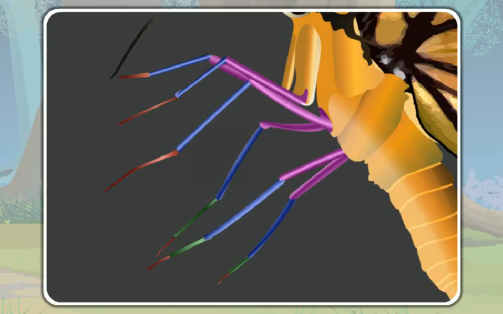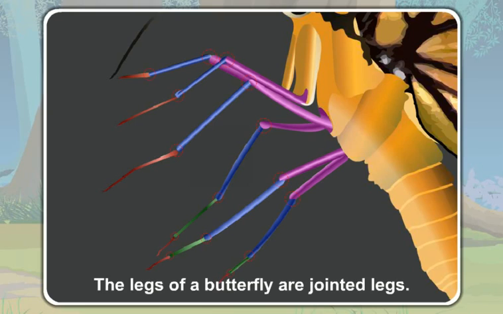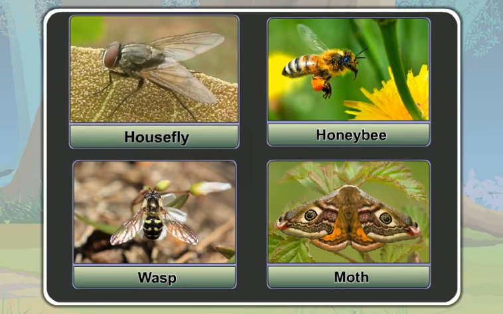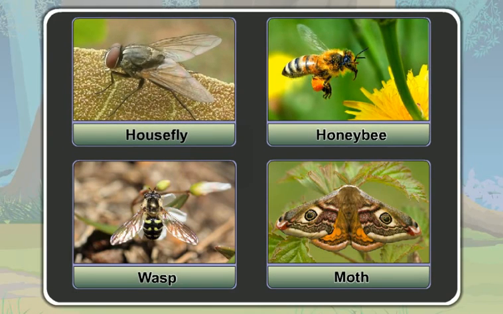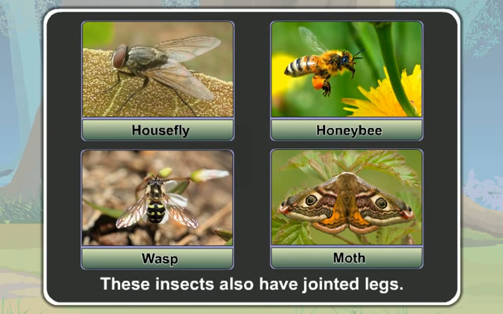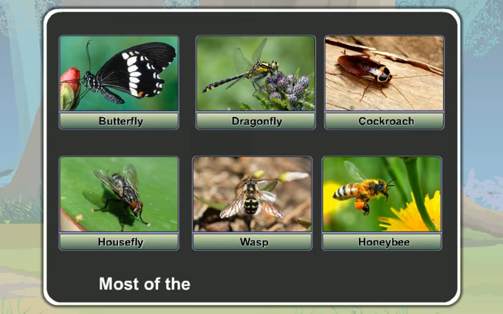Like a human arm, the legs of a butterfly also have joints. So, the legs of a butterfly are jointed legs. Like a butterfly, insects like a housefly, a honeybee, a wasp, and a moth also have jointed legs. Most of the insects have jointed legs.